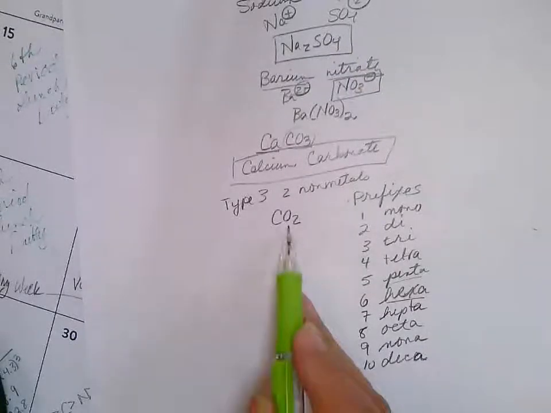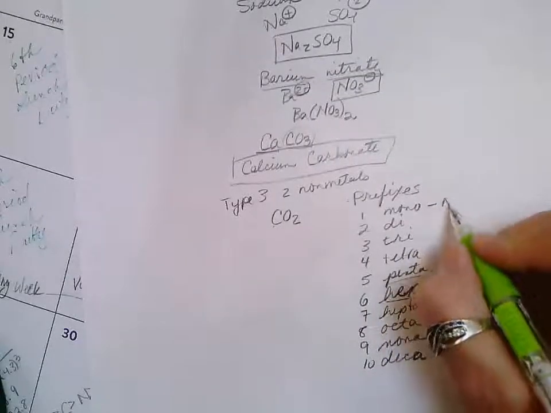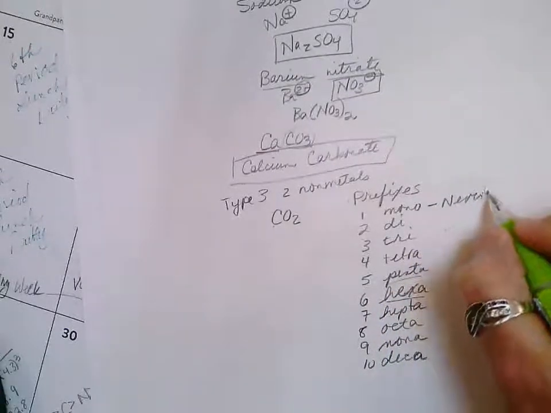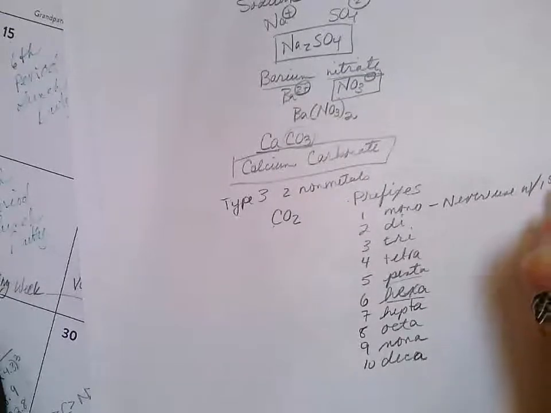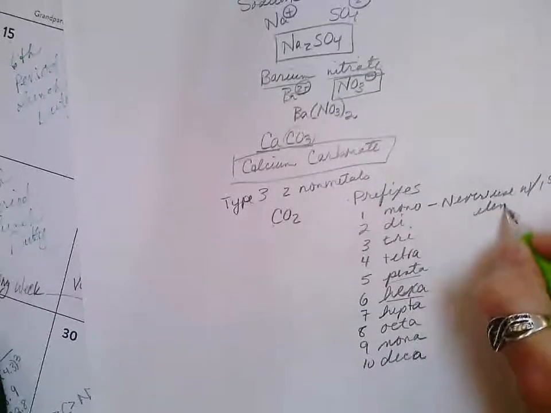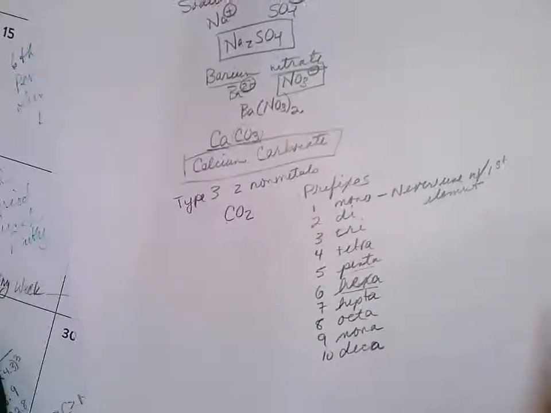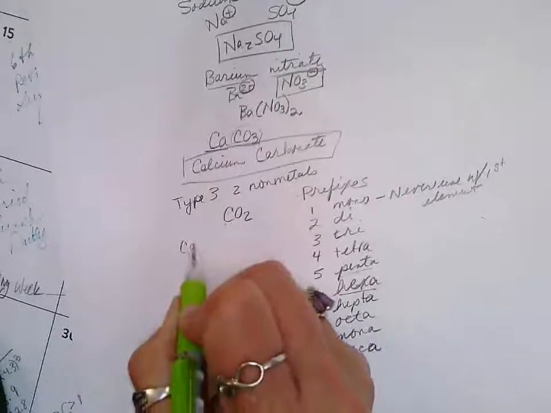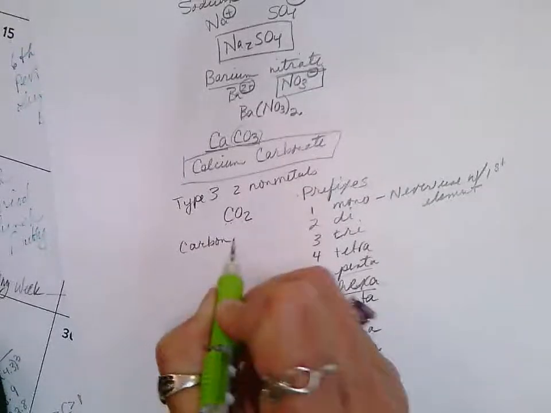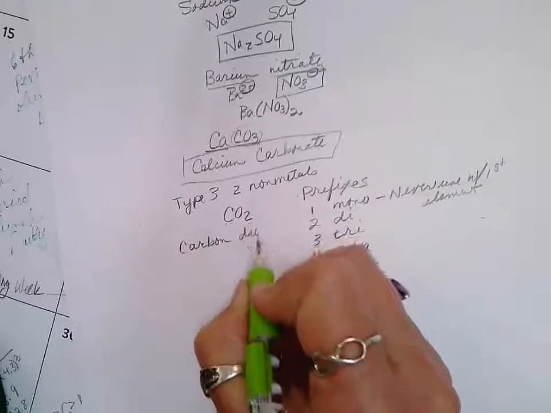So in this case, we have 1 carbon, but we never use mono with the first element. So this would be carbon. And since I have 2 oxygens, it'll be dioxide.